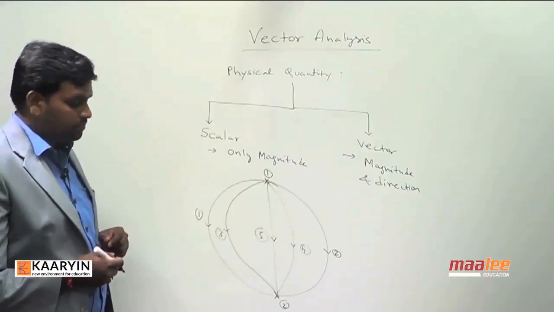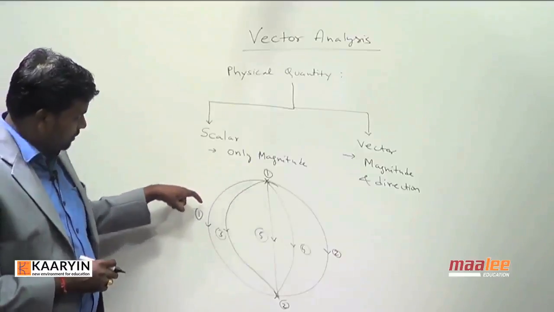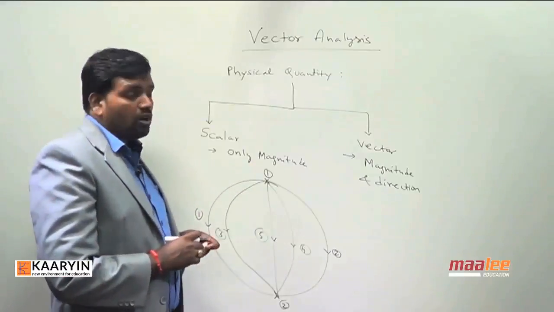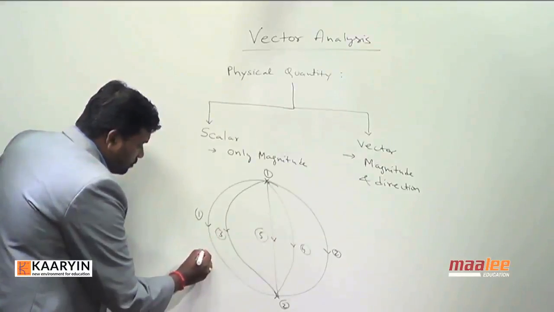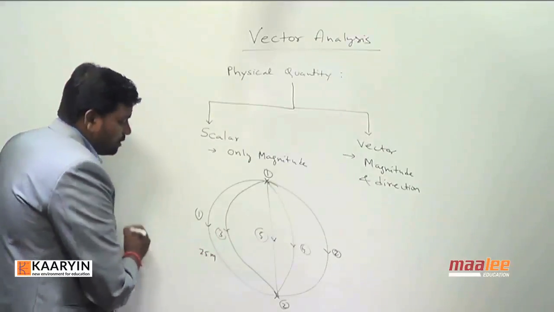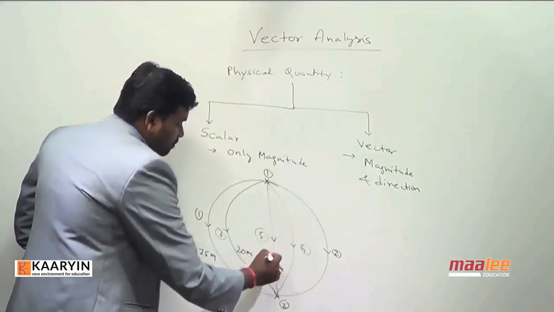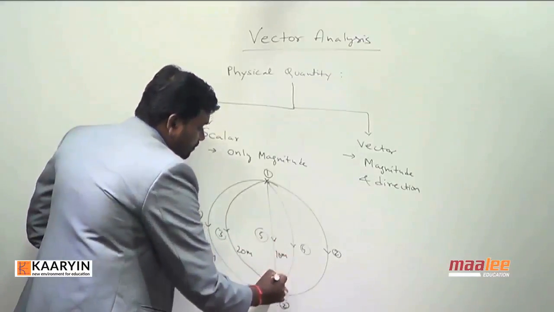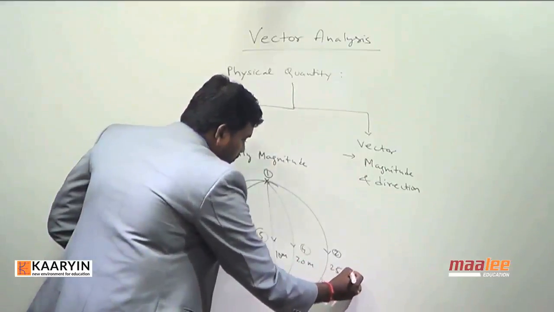So, if you want to reach your friend from point 1 to point 2, you can follow these 5 different paths. Okay, now see, suppose you are coming along path 1. Suppose the distance for path 1 is 25 meters, the distance for path 2 is 20 meters, the distance for path 5 is 10 meters, suppose this is also 20 meters and this is also 25 meters.